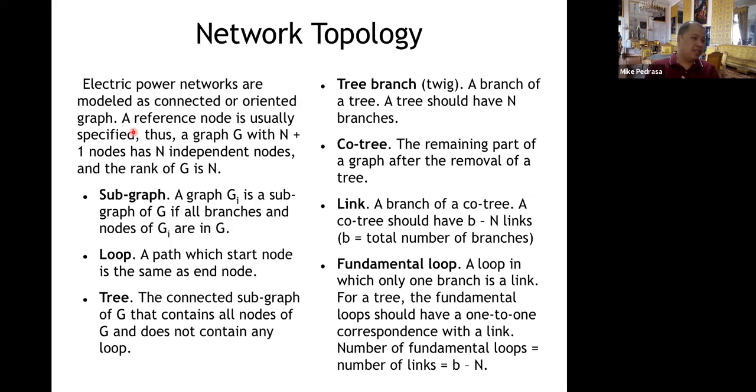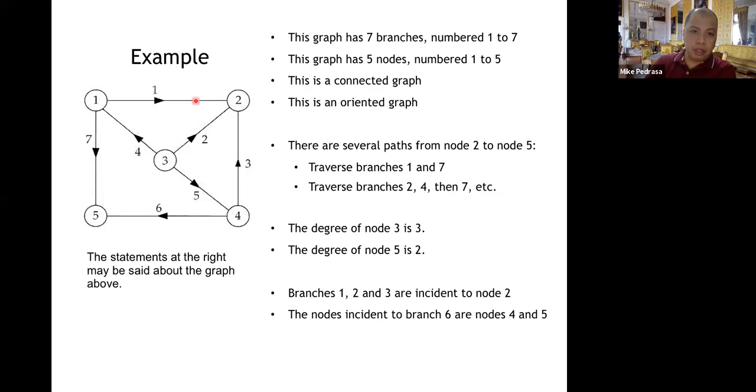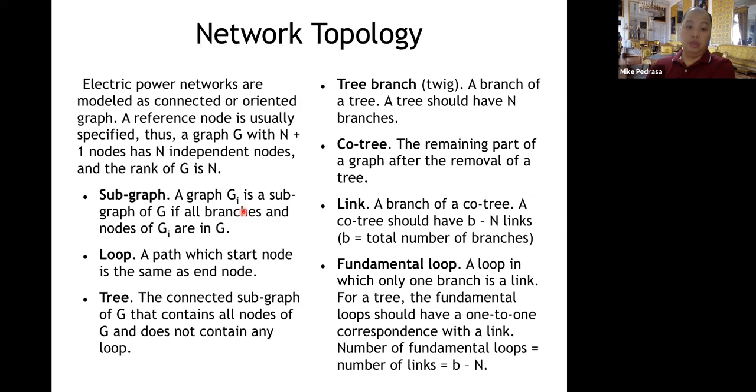Parang we select a ground. Kasi when we have a voltage variable, that voltage is with respect to ground. So going back to this example, if this is the entire circuit, we choose one of the nodes there to be the ground. Usually, by convention, lagi natin pinipili yung nasa pinakang ilalim na node. So it could be node 5, it could be node number 4. Actually, any one of these nodes can be the reference node.